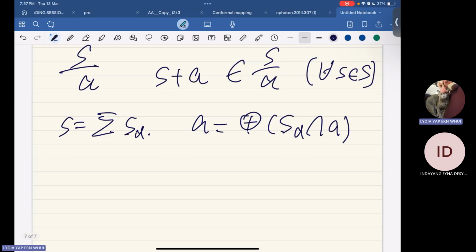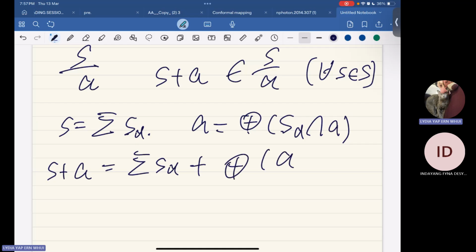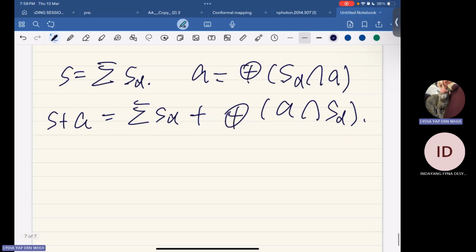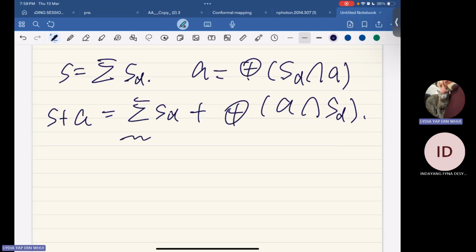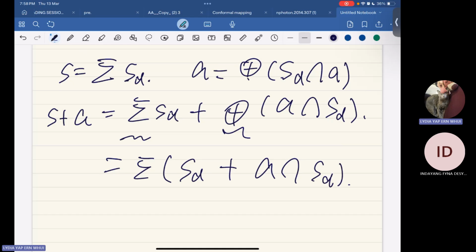If we see this, then we can write s + A equals the sum of s_d plus this, right? If you need a more precise proof, you need to go to elements in s + A, but we just consider this sum and this sum as the same kind of sum. Then you can think this is s_d + (A intersect S_d).